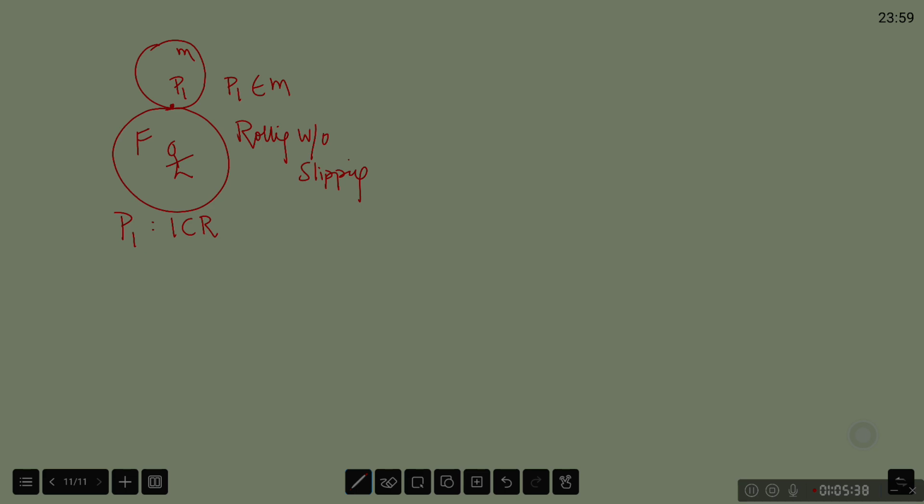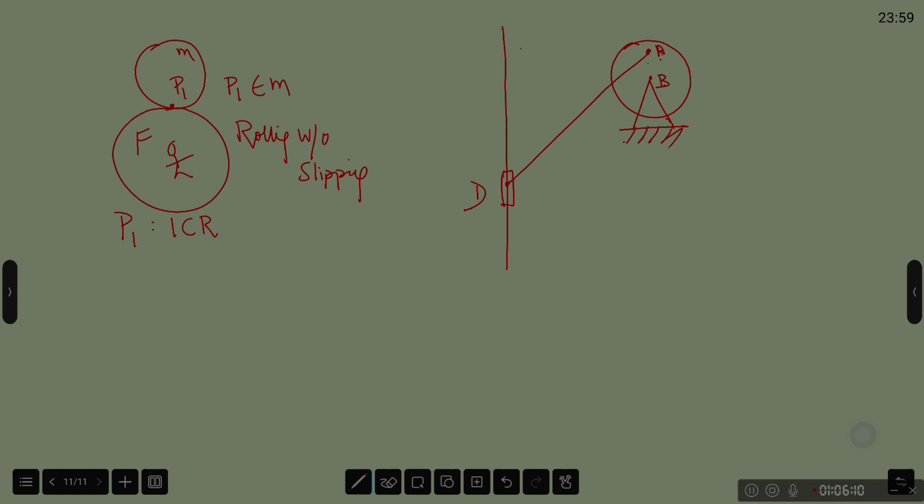Another case, we have two RBs. Let me call it RB1, which is a disc, and this is RB2, which is a rod.